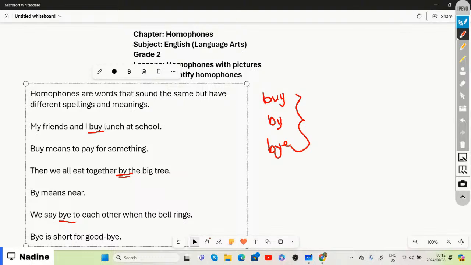But yeah, so if we look at those three words, they are all spelled differently, right? The meanings are also different for those words. But the sound of these three words is all the same.